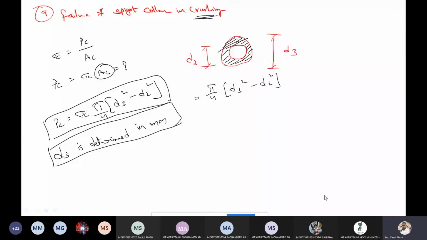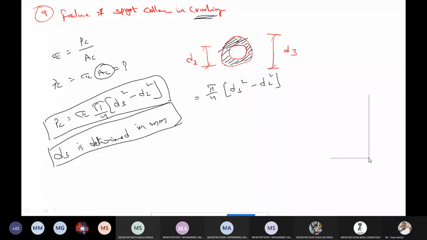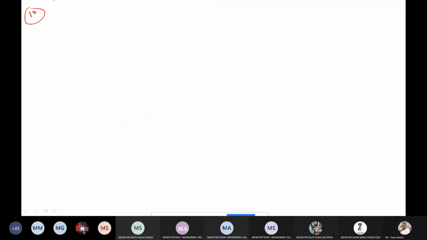Now the 10th point, failure of the spigot collar in shear.